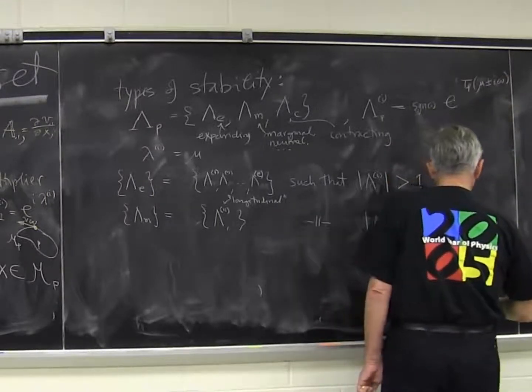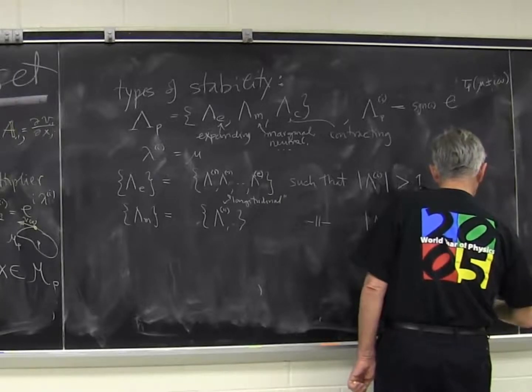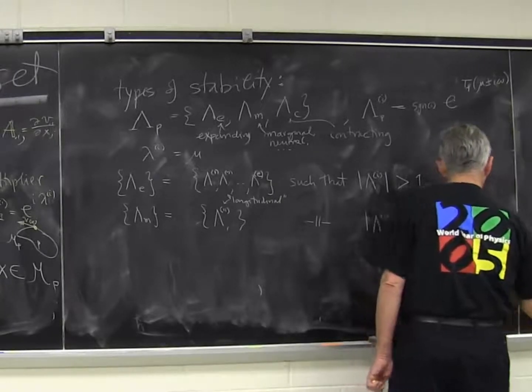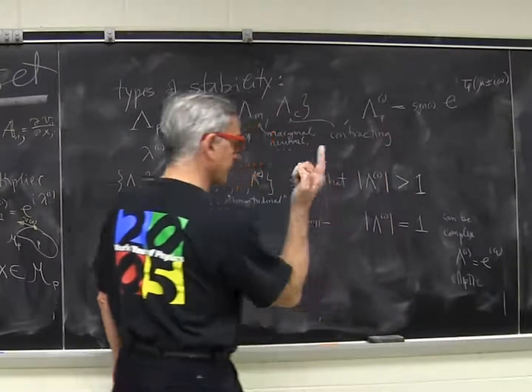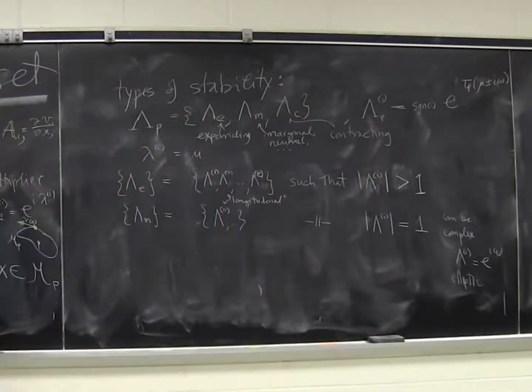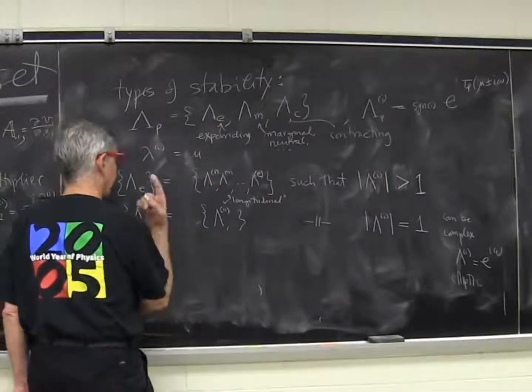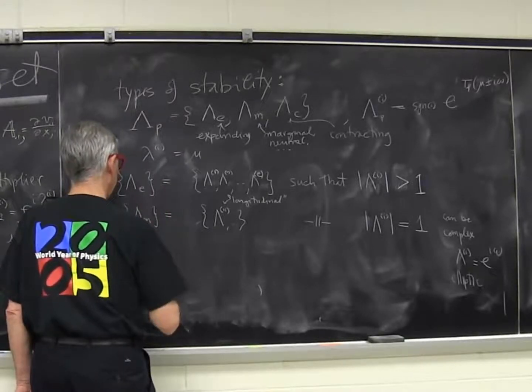So it can be complex, in which case you say you have an elliptic stability. If you perturb something, it just runs on a circle or an ellipse around your periodic point.